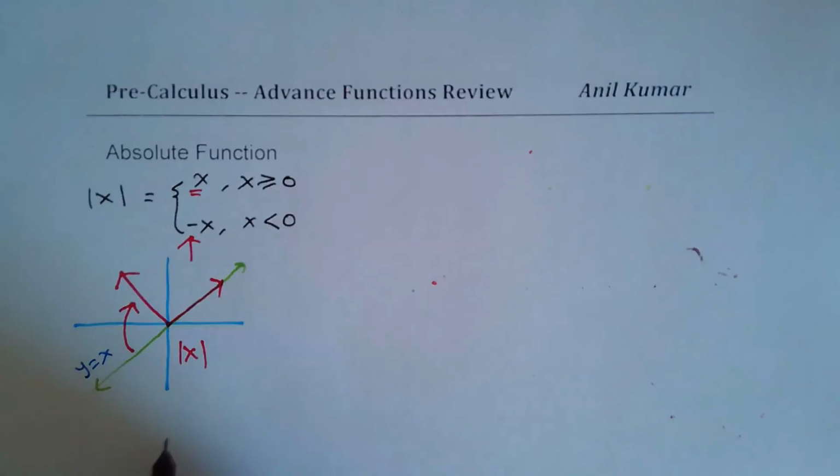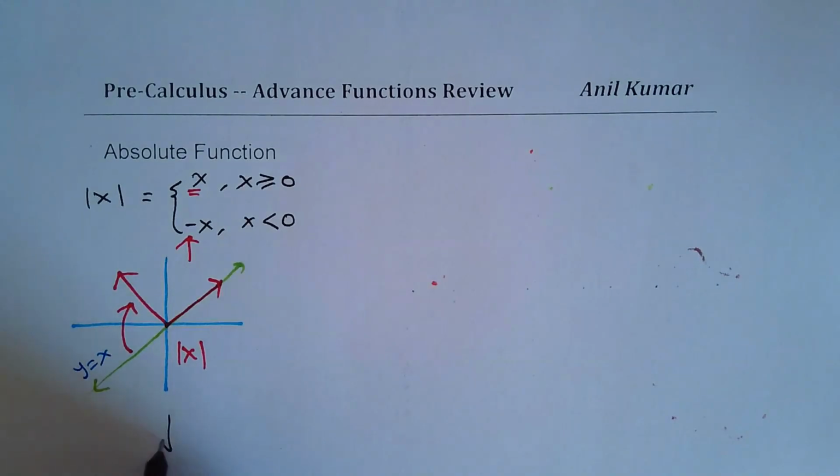You know, square root of x is always positive, right? Square root of x is always positive. Now, very important function is square root of x squared. That is also positive. So what is square root of x squared? Some students think it is x. No. X could be positive or negative. You can see here.